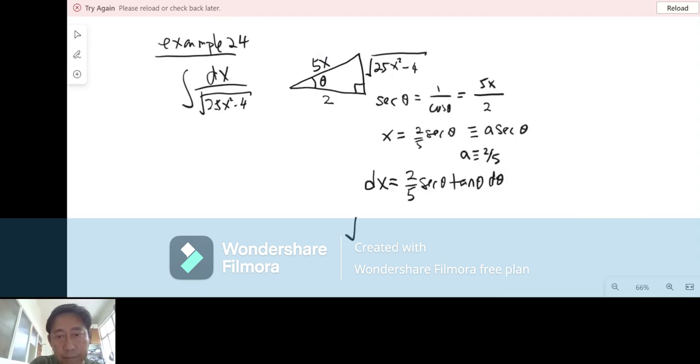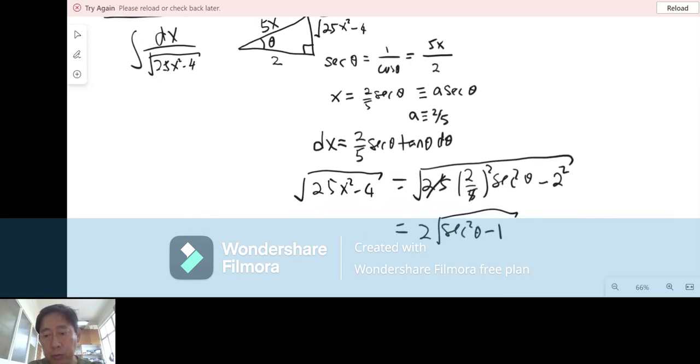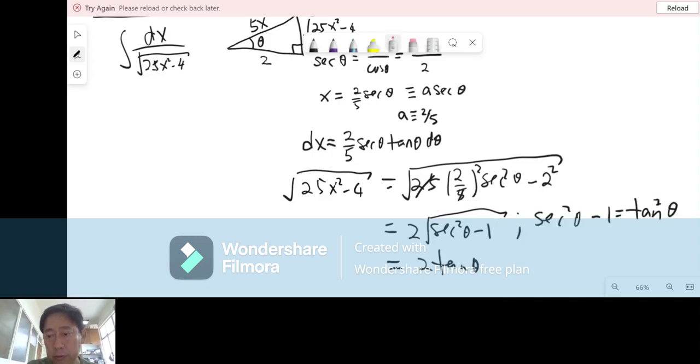The square root term can be simplified to 2 times square root of secant squared theta minus 1. This can be further simplified to 2 tangent theta by using the identity secant squared theta minus 1 equals tangent squared theta. So now we have the expression of dx as well as the square root term.